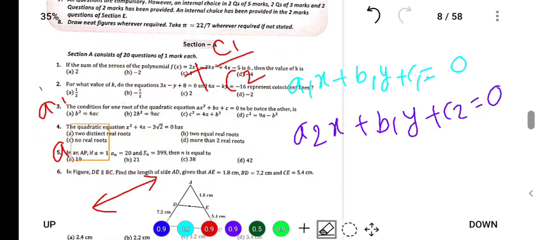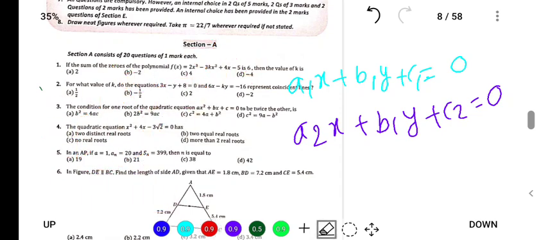Now coming to two lines that coincide. Coincide means this is one line and this is another line, so the two lines lie on the same line. Then we say they coincide.